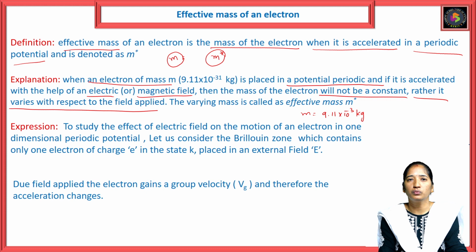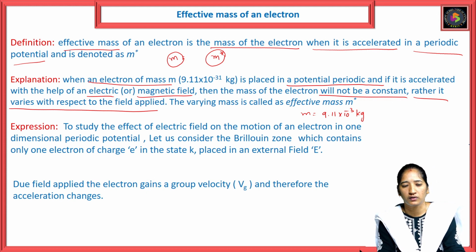So how to derive the expression for the effective mass of an electron?